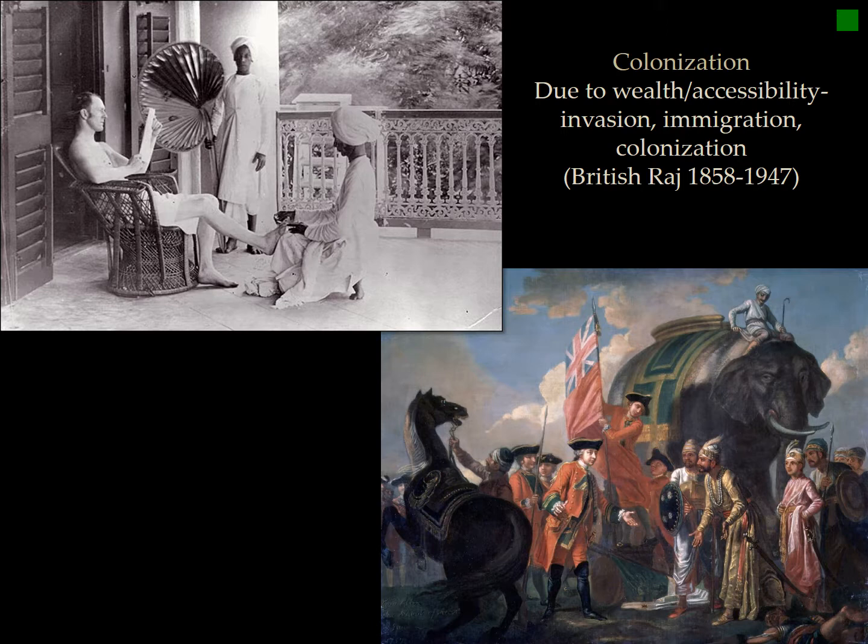Now, because of their wealth and accessibility to the ocean, they are vulnerable to invasion, immigration, and colonization, such as that seen in India with the British Raj set up between 1858 and 1947 to exploit India, its peoples, and resources. The rich diversity of artistic heritage found here is shown through local commissions by these colonizing invaders as well as indigenous peoples.